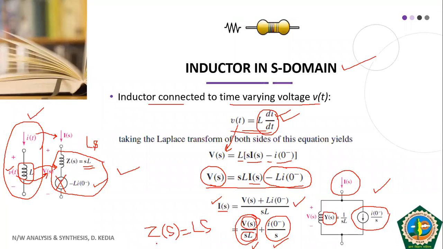If you represent with Zs, it will be Ls only. So Ys is equal to 1 by Ls and Zs is Ls. Fine. So depending on whatever you are comfortable with, you can represent your inductor by both approaches. But I normally prefer the first one, in my personal opinion. Otherwise, it is up to you.